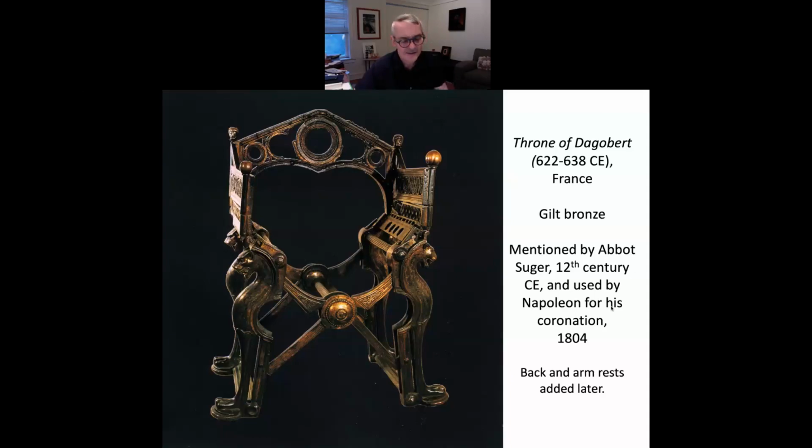But there's always this threat of violence from these barbarians. All right, and see this throne of Dagobert used by Napoleon for his coronation in 1804. He understands the symbolism.